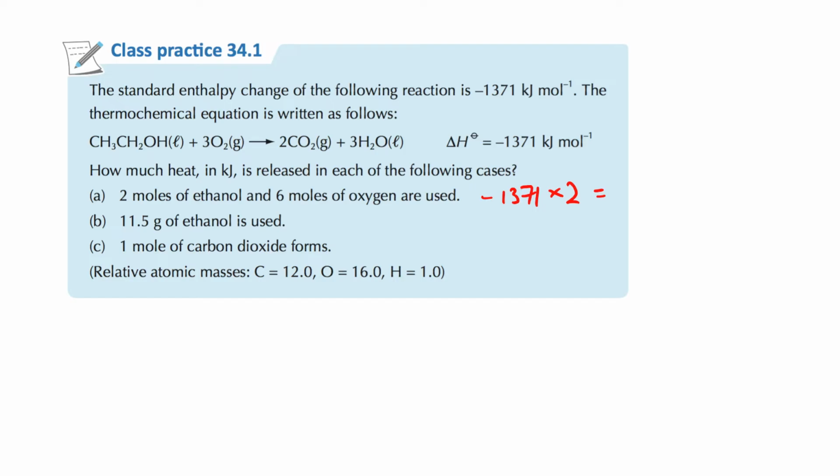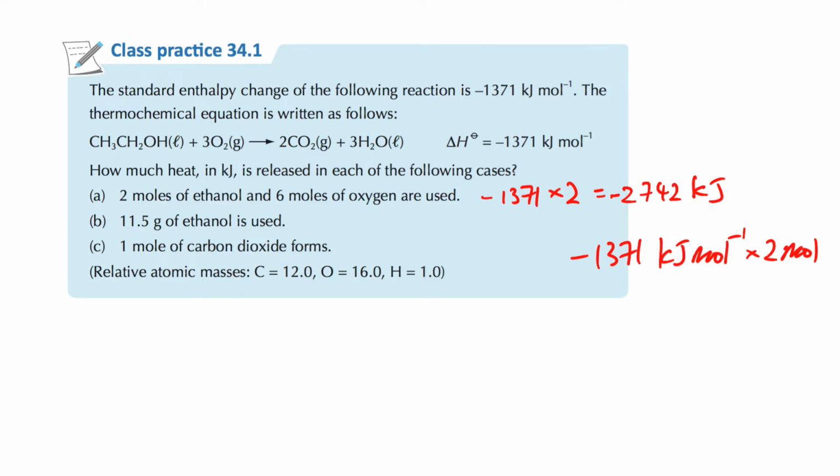So for this one, it will be negative 2742 kilojoule. What I'm doing right here is just 1371 kilojoule per mole times 2 mole. Therefore you will find that the unit of mole will be eliminated.